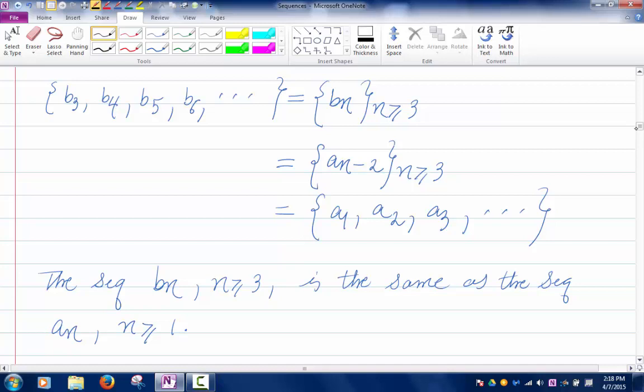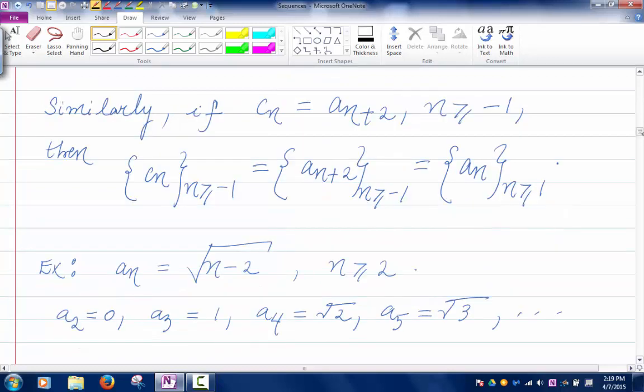If I want to start 3 indices backward, then I have to replace n by n plus 3. So I'm going to define Cn to be An plus 2, n is larger than or equal to negative 1. And notice that the sequence Cn starts at negative 1, but the sequence Cn is the same as the sequence An plus 2.